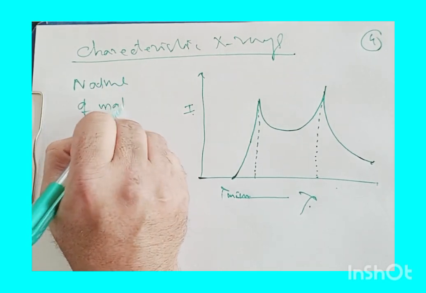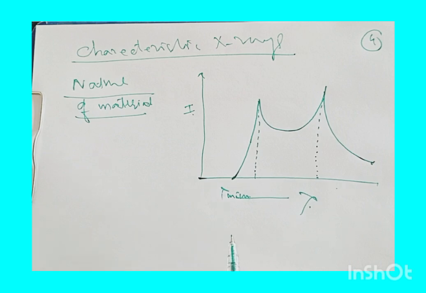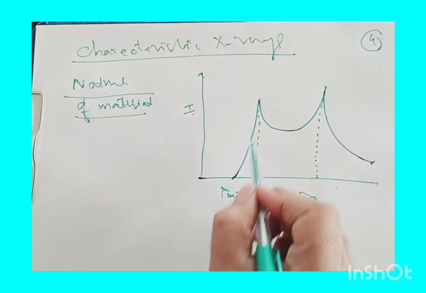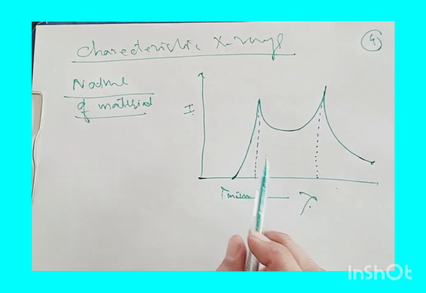In the previous case, in continuous X-rays, the spectrum does not depend on the nature of the material. But here what we see experimentally is that they depend on the nature of the materials. Hence, these X-rays are known as characteristic X-rays, and this is the characteristic X-ray spectrum of an arbitrary element that I have chosen here to explain the intensity variation curve.